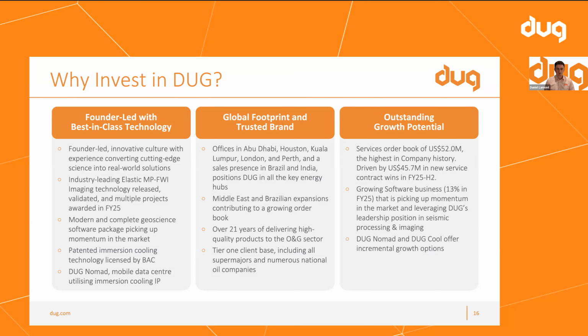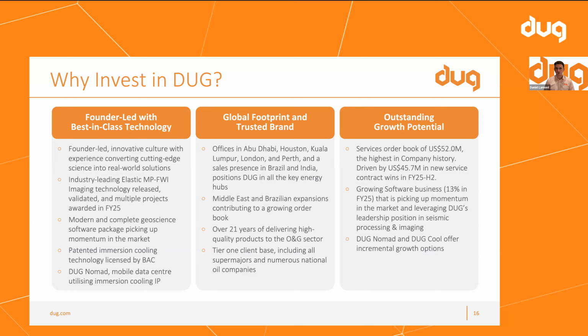Yeah, so in FY24 one third of services revenue was MPFWI, and what we've seen, especially through this second half, is that split start to climb above 50%. So, more than 50% of the awards are for MPFWI, and we're seeing that then come through the order book.